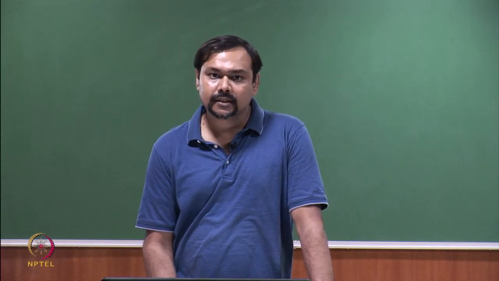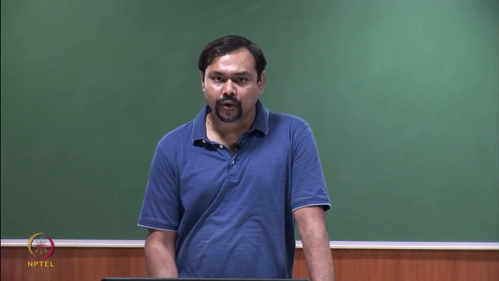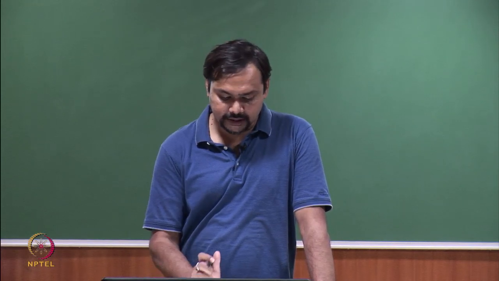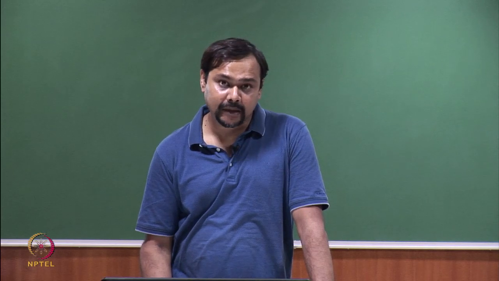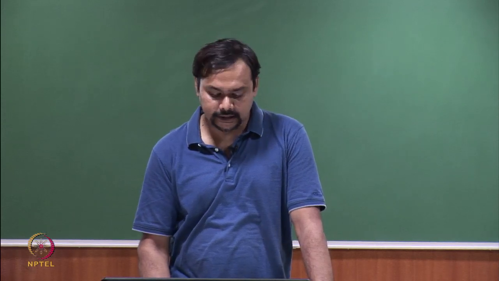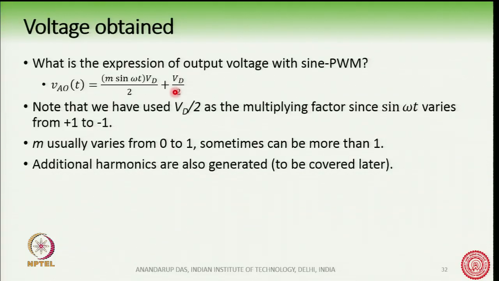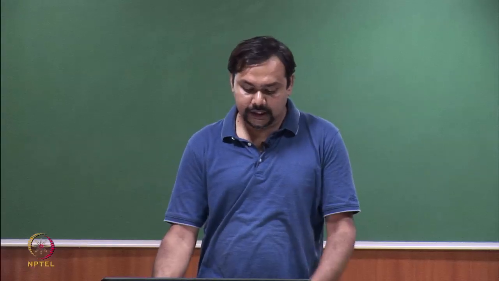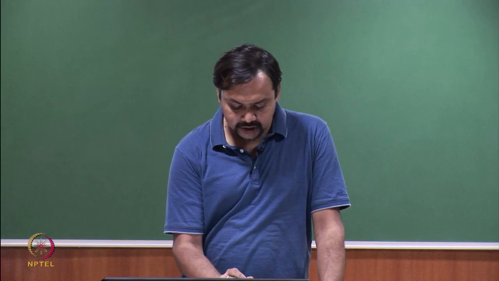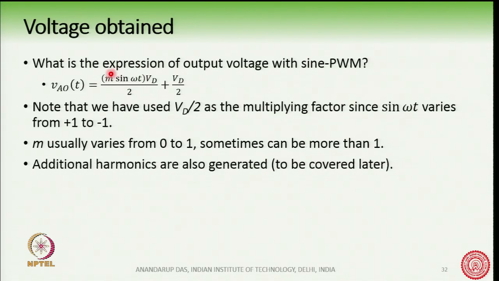If we take the reference point for calculating the pole voltage as the midpoint or the imaginary midpoint of the DC bus, then this Vd by 2 will cancel out, and the AC component inside the pole voltage is given by this expression here, m sin omega t into Vd by 2.